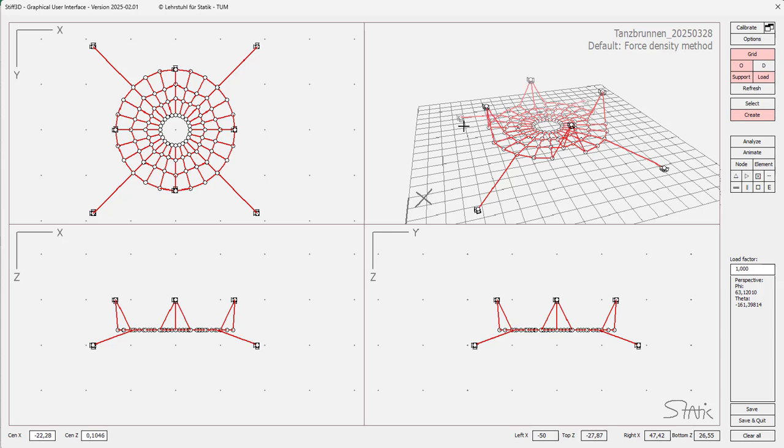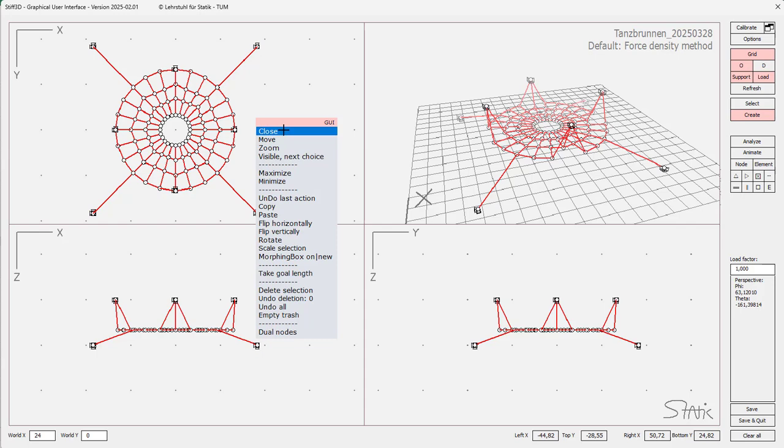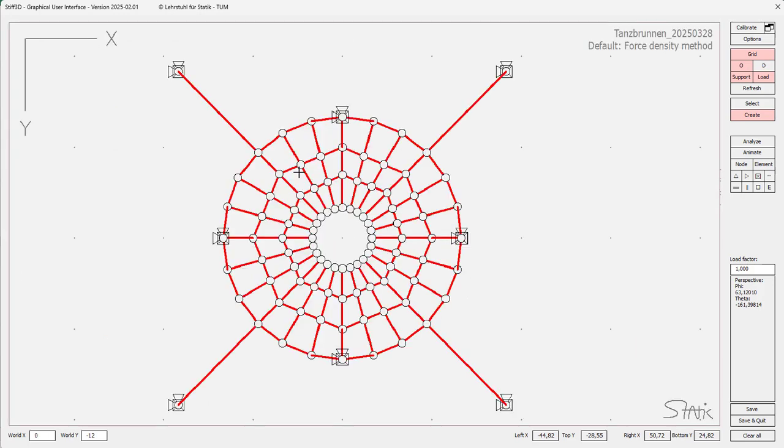So we have only 4 low points and 4 high points instead of the 6 of the original structure. Looking from above, you recognize the outer edge cable, the inner edge cable, and here the supporting cables. And if we look closer, we maximize this view.